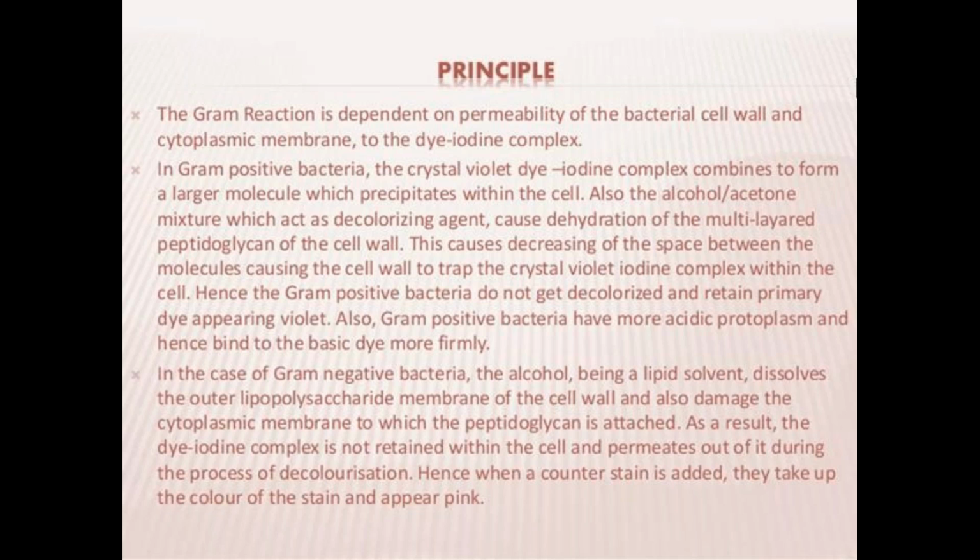And it consists of alternating amino acids, alanine, glutamic acid. And in place of glutamic acid, sometimes lysine is also present. Not valine, valine is not present here in peptidoglycan.